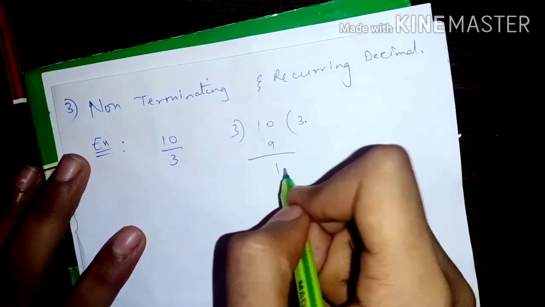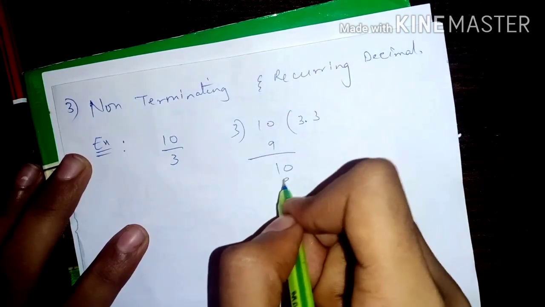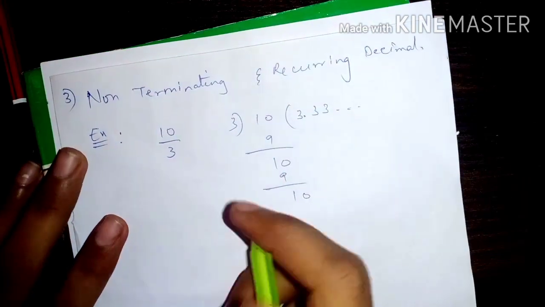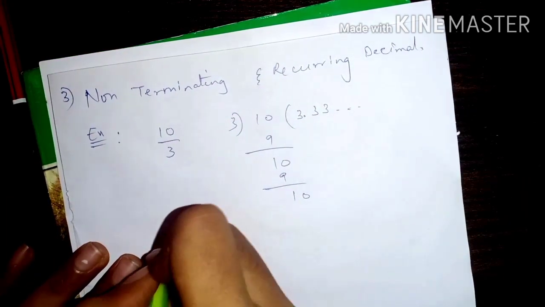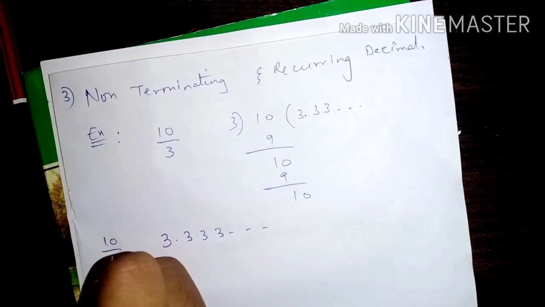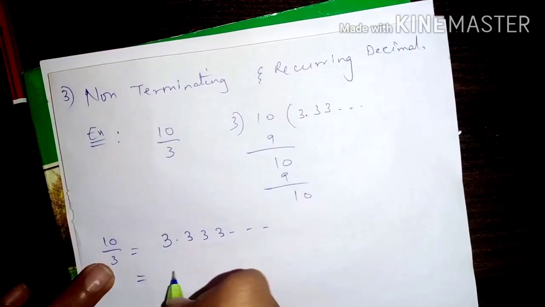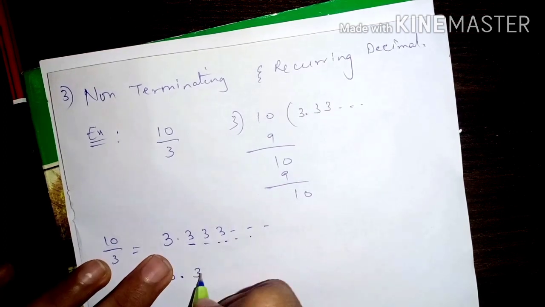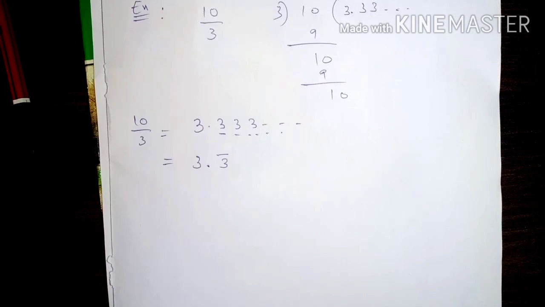This is 1, then 1 0. Again 3. 3 3s are 9, 1, 0, 3. So this 3 continues in the quotient. So this value is 3.333 and so on. It's 10 by 3. Here 3 is repeating multiple times, so this is written as 3.3 with a bar.